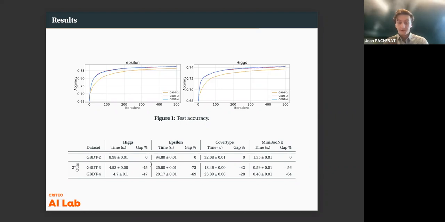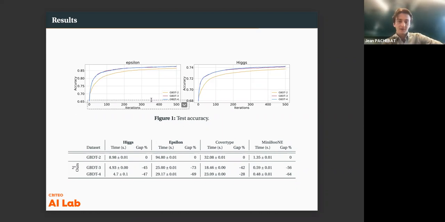With third and fourth order optimization, we get a tremendous acceleration for convergence, up to 73% acceleration. The mean for third order is 44% acceleration in time, and for fourth order, it's up to 44.5% acceleration. So this is for the running time.